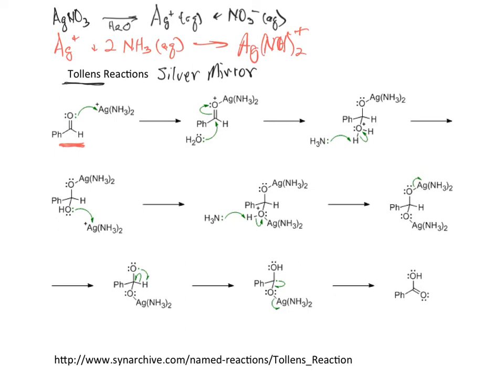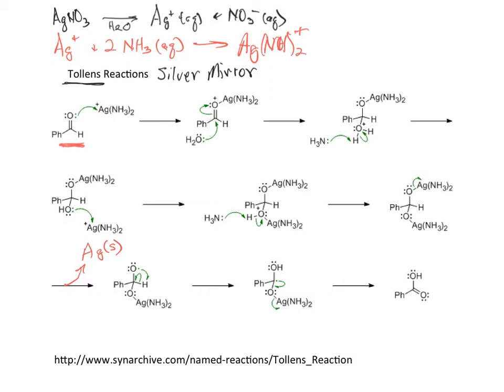So now we get to the reduction part. The silver ion has space for one extra electron. So if it takes one electron from this bond, we leave behind a free radical. And what's not shown here is that silver metal is the result, and that precipitates on the surface of the glass.